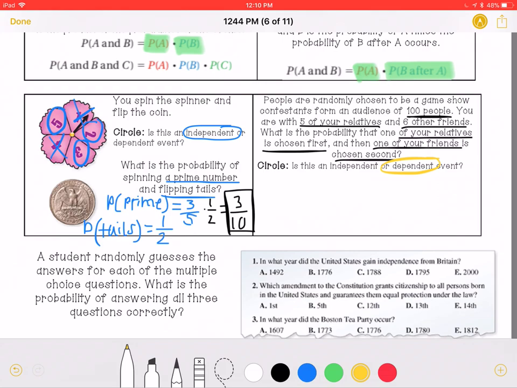So now what you have to do is you have to find the probability of each event happening. So the probability of choosing a relative, well, how many relatives do you have in the audience? 5 out of the 100 people, which we can simplify to 1 out of 20.